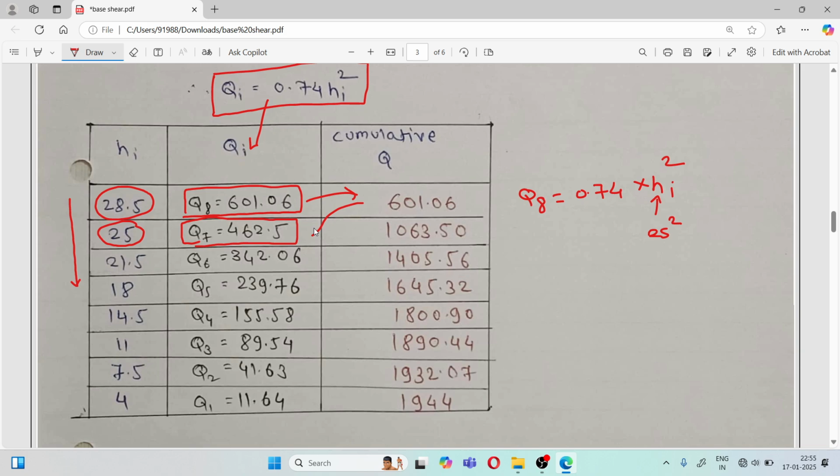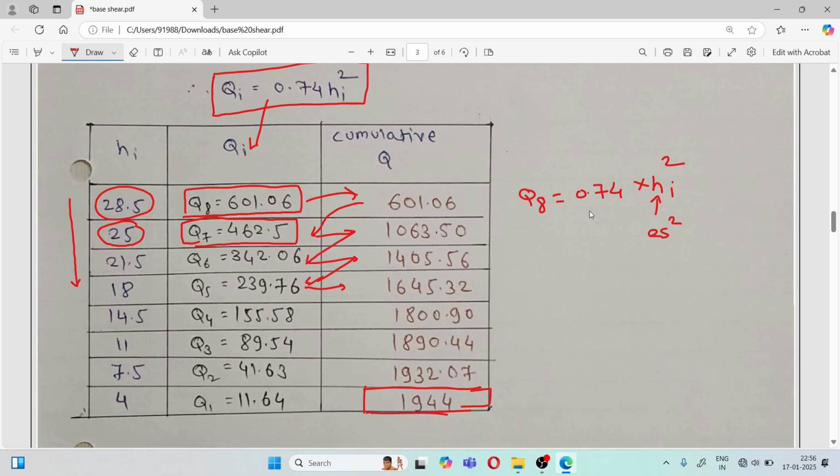Now add 462.5 plus 601, and you will get the cumulative shear. Then just add this value right here, and this value right here. It is a regular cumulative, so finally you will get the base shear, sorry, 1944.